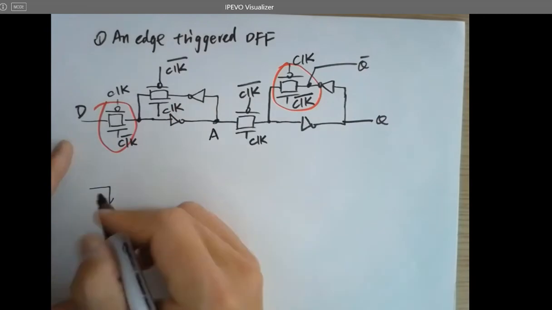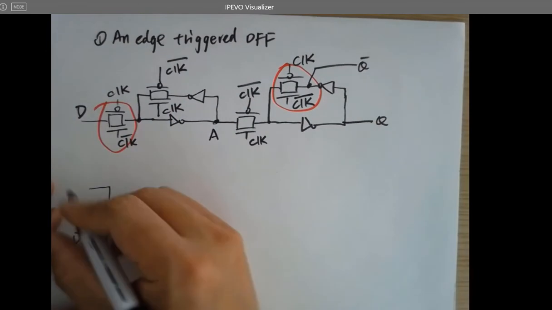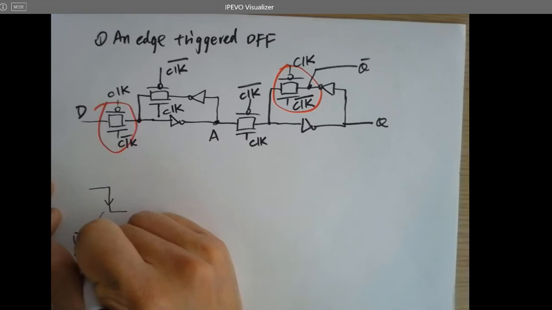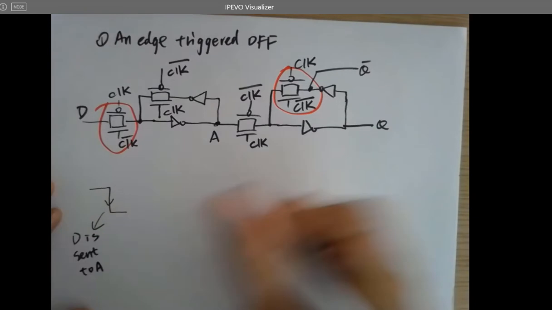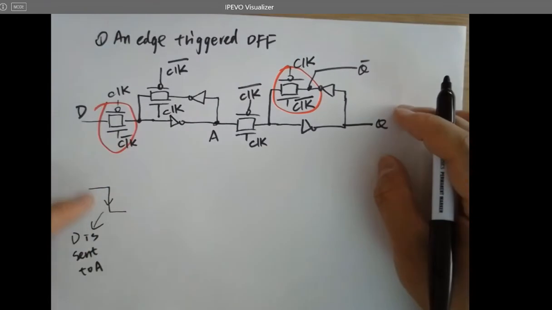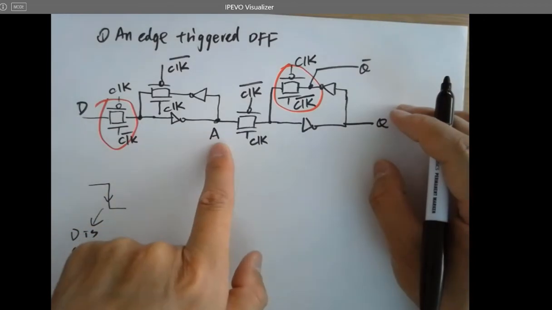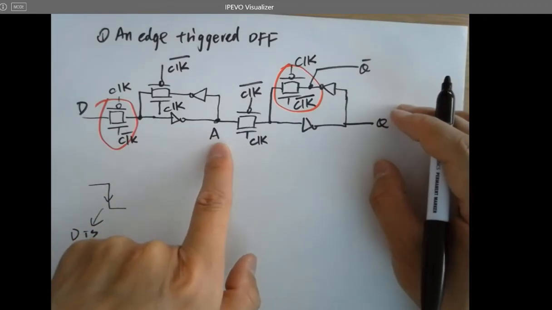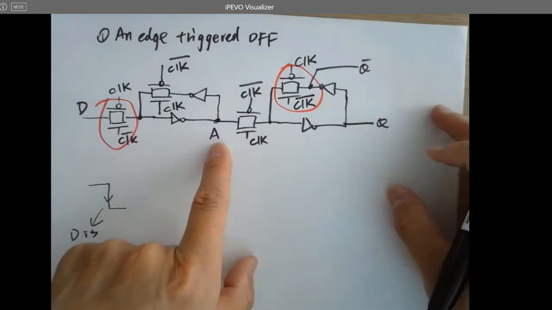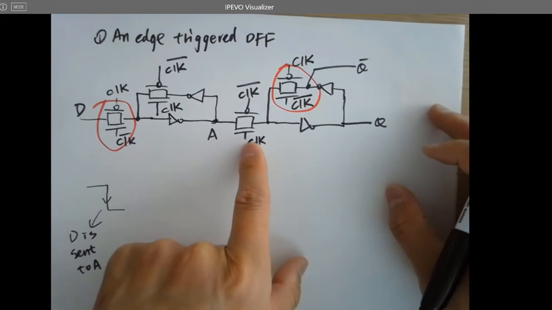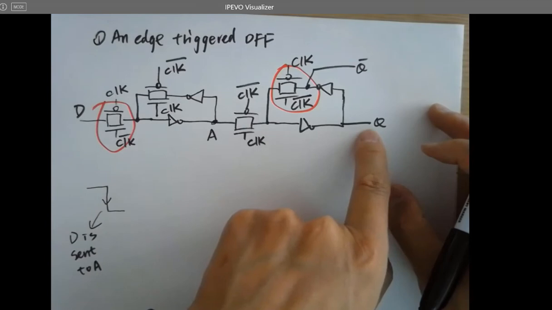Let's label it as A. Is that correct? At the falling edge, D will be sent to A, because this is off, so A cannot reach Q.